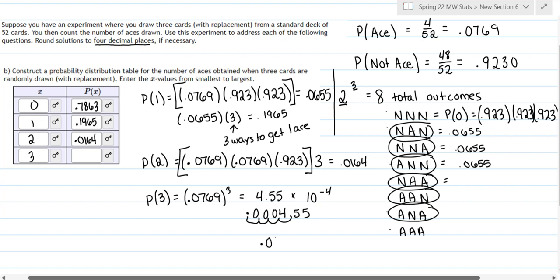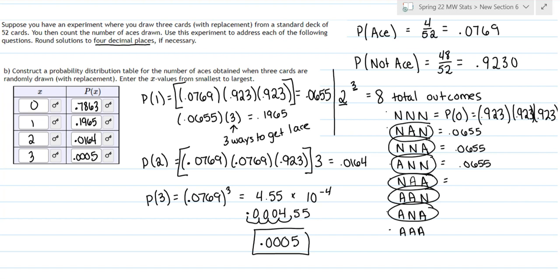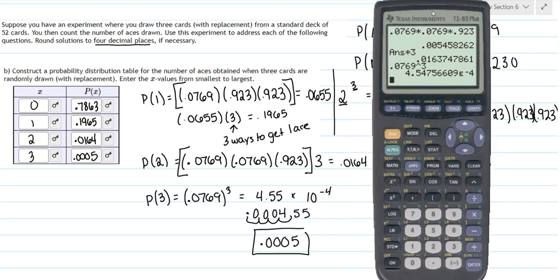So this would round to 4 decimal places as 0.0005. That's probably why they wanted it to 4 instead of 3 decimal places for that problem. Okay, so if you get that on your calculator, that's scientific notation. It just means you're going to move the decimal that many places. If it's negative, you're moving it to the left. If it's positive, you're moving it to the right. When we're doing probability, we're not going to get positive ones because then it would be bigger than 1. So it's always going to be moving to the left when you guys are doing these problems.